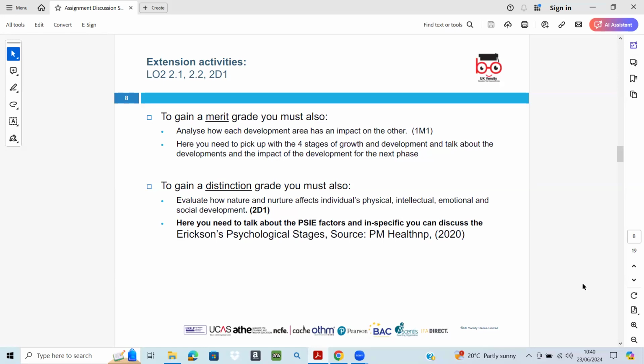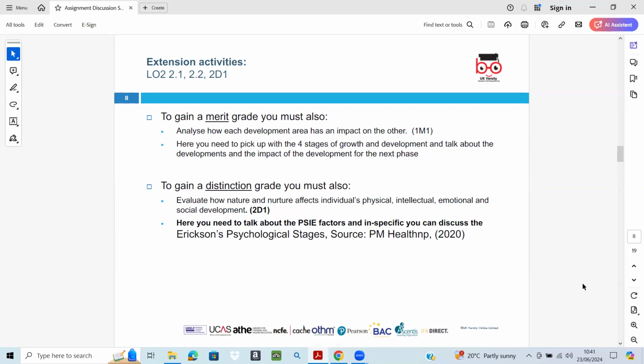So in this activity, you will discuss the 4 stages of growth and development and how the development in one area impacts the next phase. Just for example, how physical development during adolescence influences social development in early adulthood and so forth.